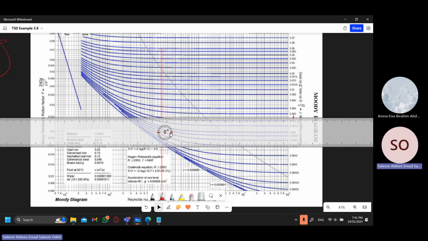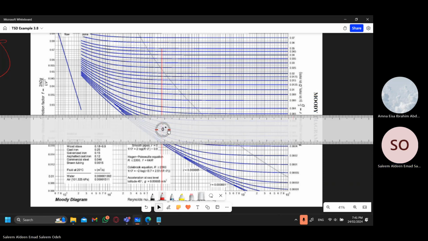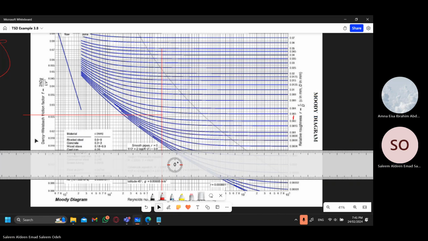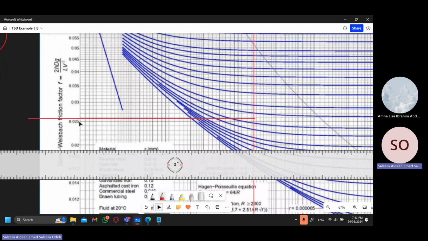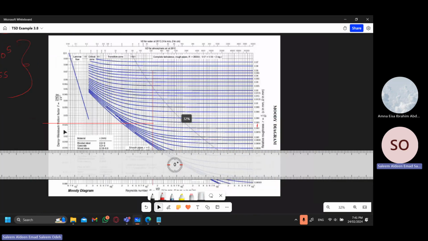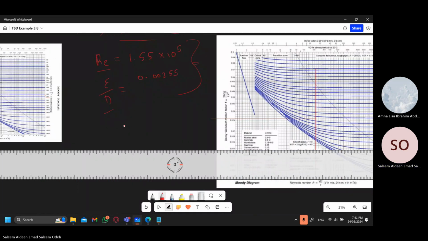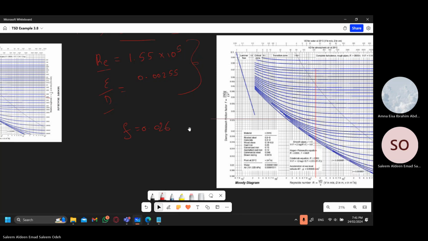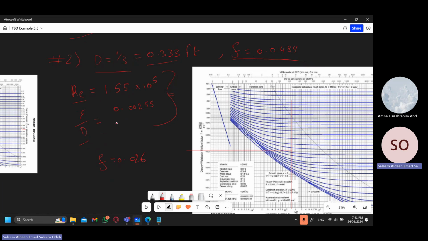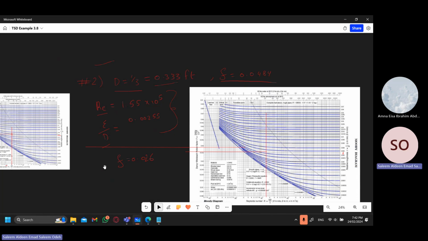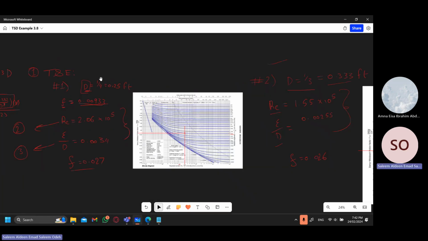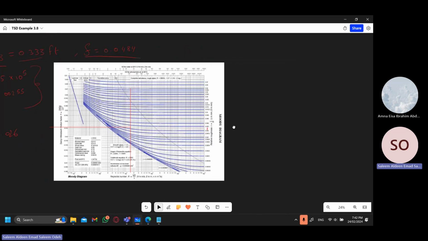So we will place our ruler around here and draw a line all the way left. Our value came out to be 0.026. Now 0.026 is not the same as 0.484, but compared to our first trial, it's a lot closer. All right, so we will try one more time.